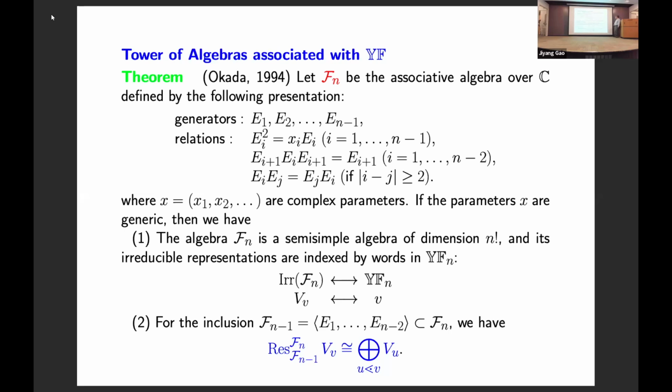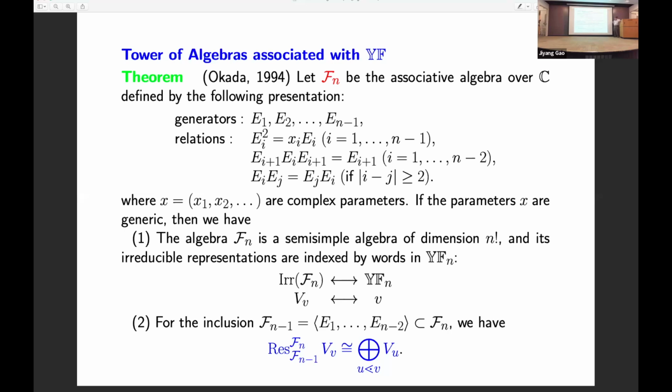So we denote by V_B the irreducible representation of this algebra F_n corresponding to the Fibonacci word B, and then the restriction from F_n to F_{n-1} of this representation V_B is decomposed into the multiplicity-free sum of the V_U, where U is covered by B in the Young-Fibonacci lattice. So this answers the question.